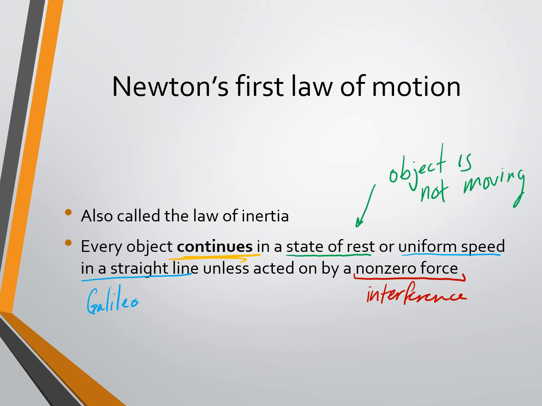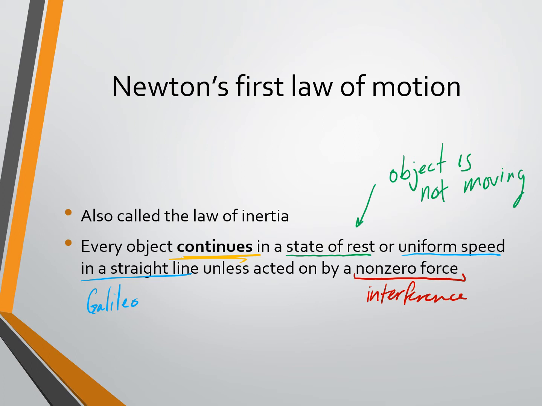So it's really got 4 key aspects in Newton's first law of motion. It is a state of continuation. We can either not be moving at all or moving in a straight line at a constant speed. And in order for this to continue happening, we must have zero force acting on us.